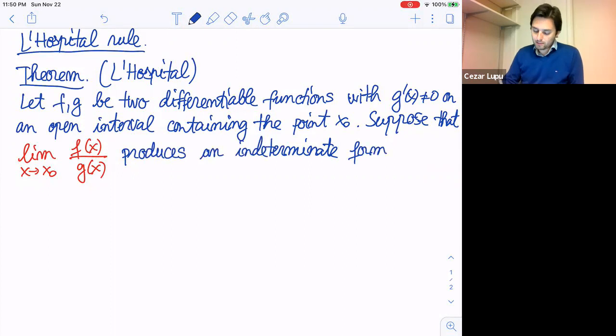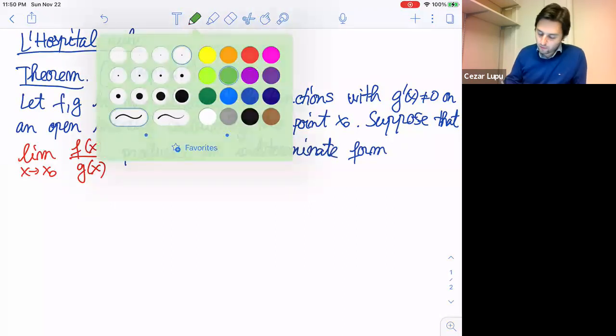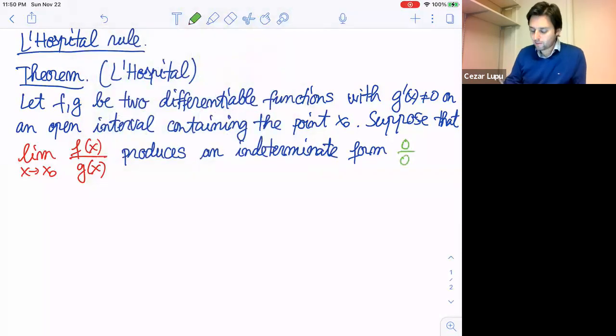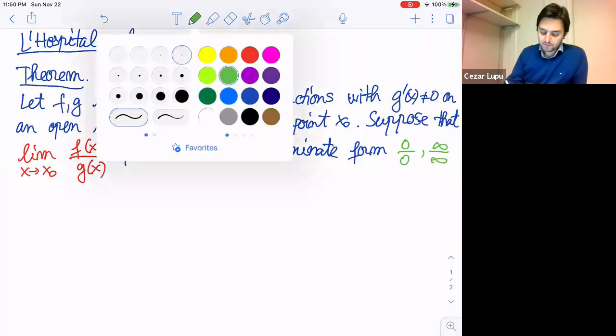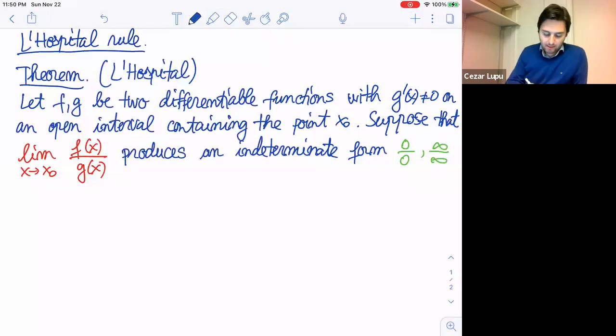And let's say the indeterminate forms that we will talk about are 0 over 0 or infinity over infinity. If this limit produces one of these two, then we can apply the rule.